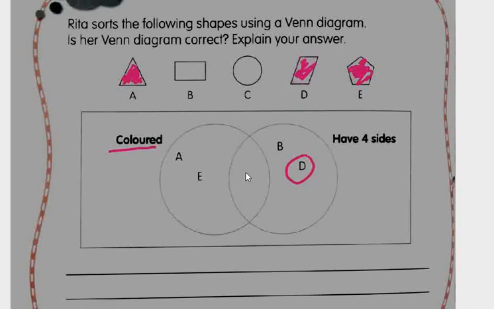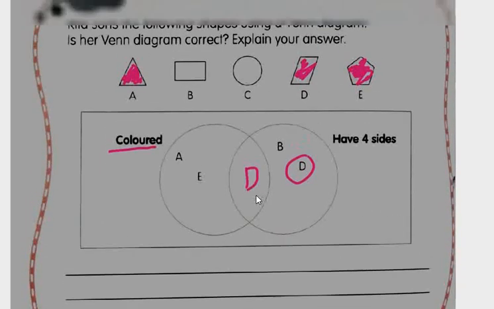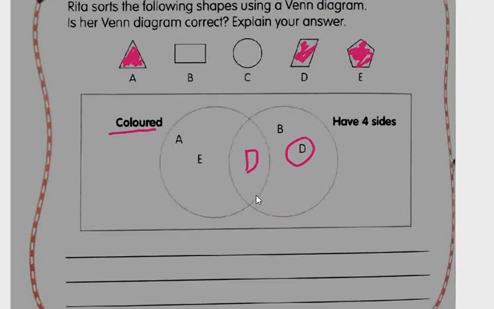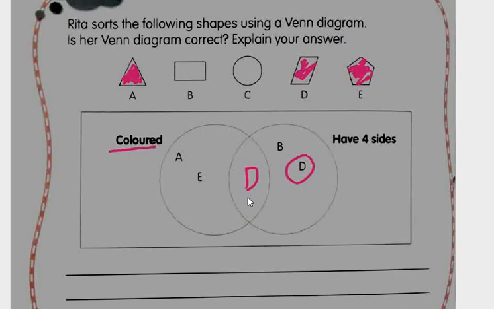So since it belongs to both categories, it means it should be filled in the combined part, right? It should be here. So the question is, is her Venn diagram correct? No, it is incorrect.